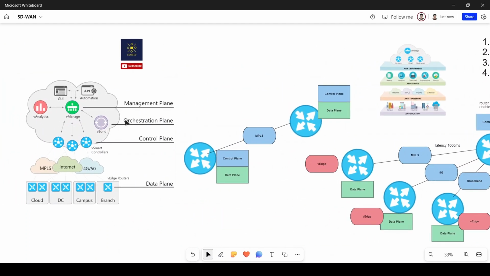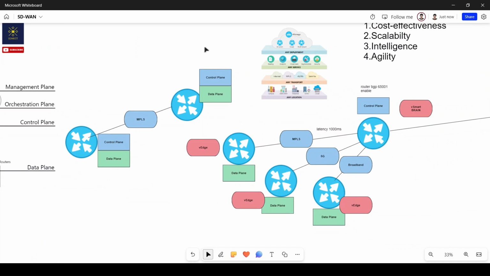And let's continue and talk about the last component of the SD-WAN fabric, which is called vManage. It's located in the management plane of the SDN architecture, as you can see on top, or sometimes called the application plane. It is basically management plane software that allows us to centrally manage and monitor our entire SD-WAN infrastructure, right?